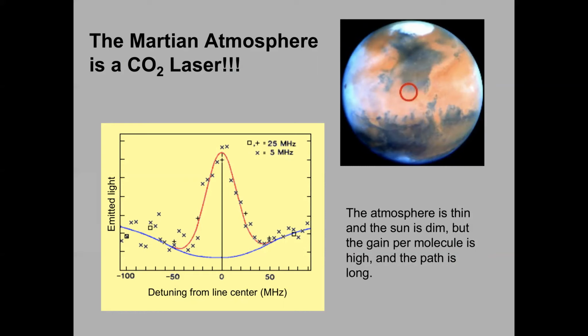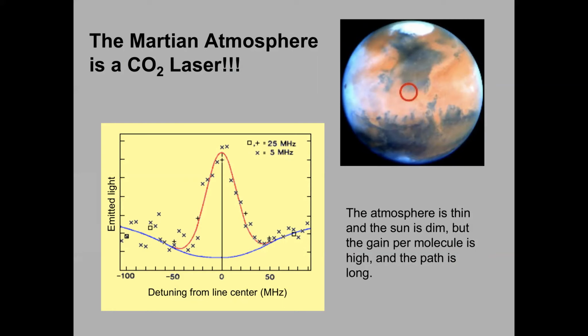The theory of why this is happening is that this peak is right, by the way, at a common laser transition peak for carbon dioxide, and the Martian atmosphere has a lot of carbon dioxide and it's very thin. So the atmosphere is thin, sunlight is dim, but there's very little loss.